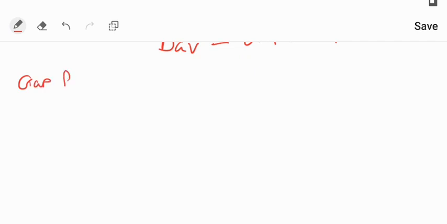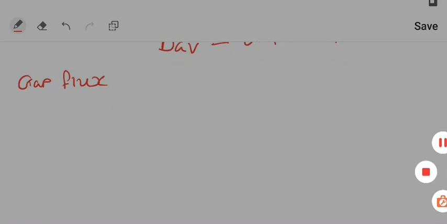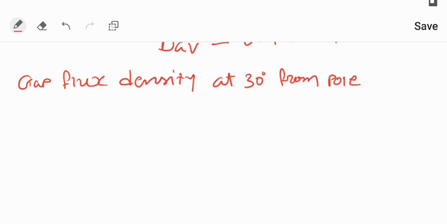Gap flux density at 30 degree from pole axis.